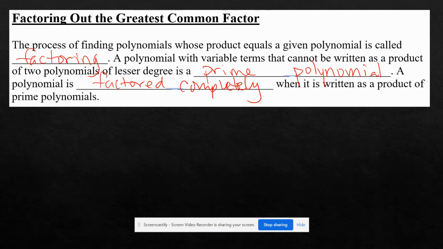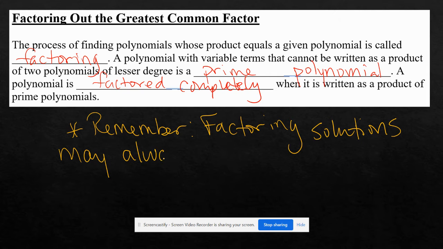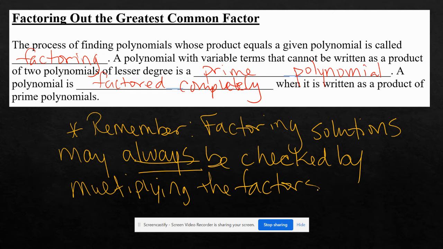A couple of things to remember. Factoring solutions may always be checked by multiplying the factors together.